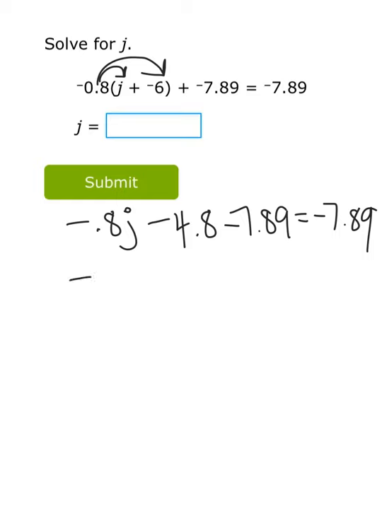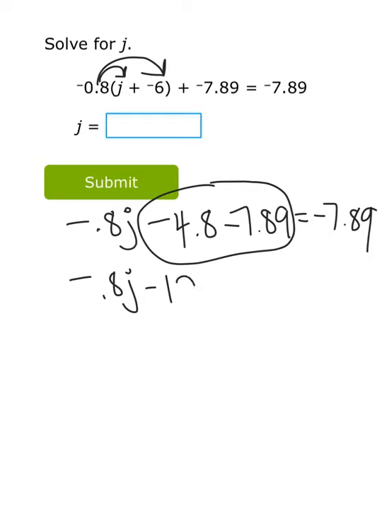I would still have negative 0.8j, but I can combine these numbers right here. Negative 4.8 minus 7.89. And whenever I subtract those, I get negative 12.69. And all of the left side still equals negative 7.89 on the right.